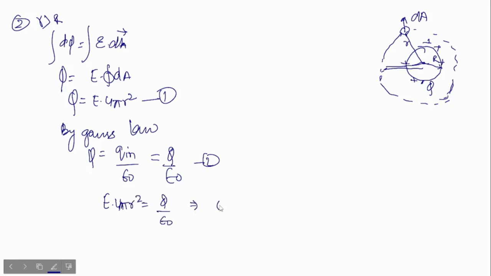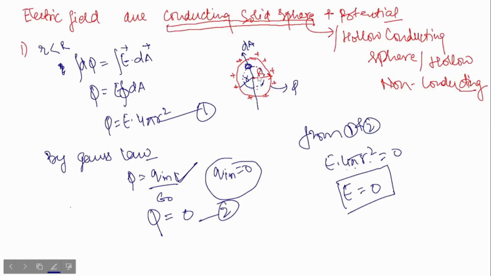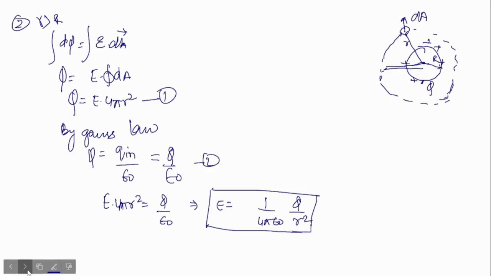So E is equal to 1 upon 4 pi epsilon naught, Q upon r square. This is the electric field outside the hollow conducting sphere, or conducting solid sphere, or hollow non-conducting sphere.